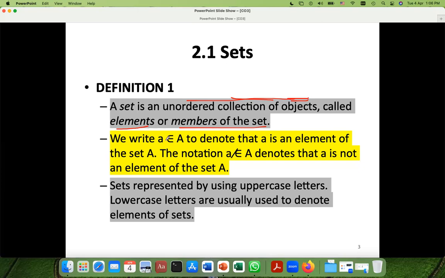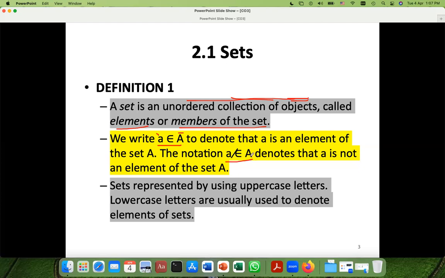And if you have the element, for example, small a is an element in a set, capital A, then you can represent the existence of that element in that set with this mathematical notation. a belongs to A. You are saying that this element a is existing in the set A. And mathematically, you can represent it with this notation. And if it is not existing, then you can represent it like a does not belong to capital A.